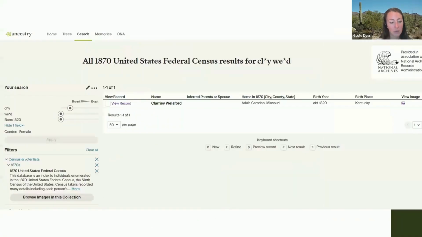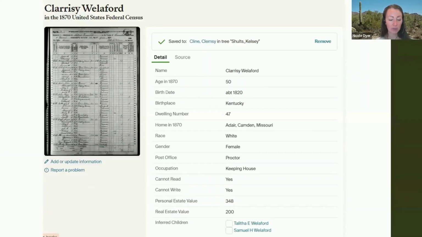And that's when I found Clarrisy Welaford, which is indeed the record that my mom had found in her research project. She actually found this record by searching for the son, Samuel Henderson Weatherford. And she was living in Missouri, which was not where we suspected she would be.